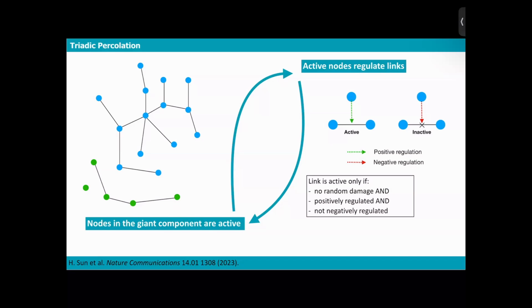In particular, in this study with Ginestra and Hanlin, what we did was to have interactions that the nodes could regulate the status of other links with these triadic interactions. So a node could activate or deactivate other links. And then this creates another network in which the giant component can be different. And this giant component will determine which nodes will be regulators in the next step, which creates an intrinsically dynamical process.